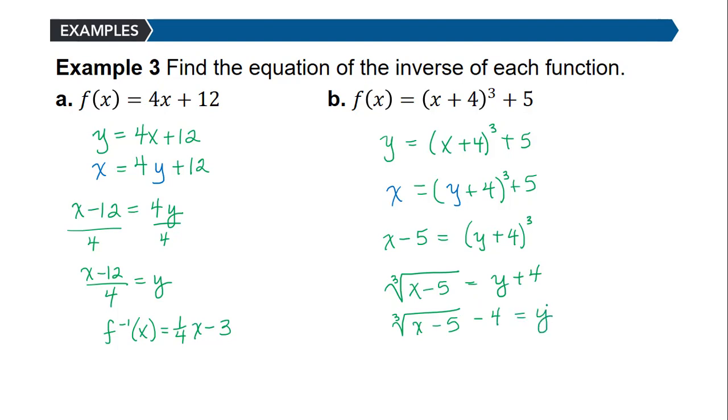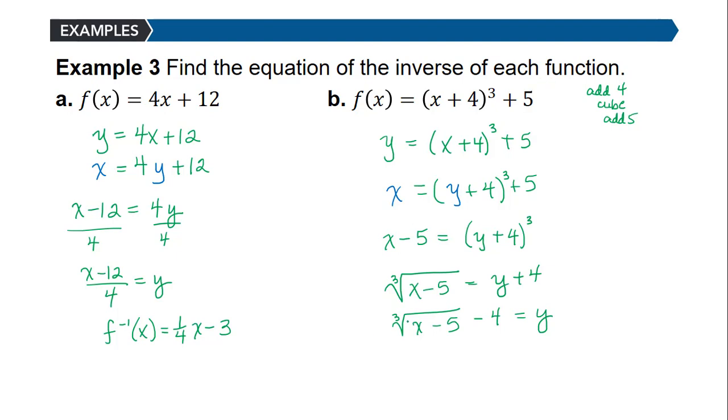And again, let's just check to make sure this makes sense to us. In the original function, we started with an input value. We had to add 4, then we had to cube it, and then we added 5. So the inverse function should reverse those operations and the order in which they were performed.